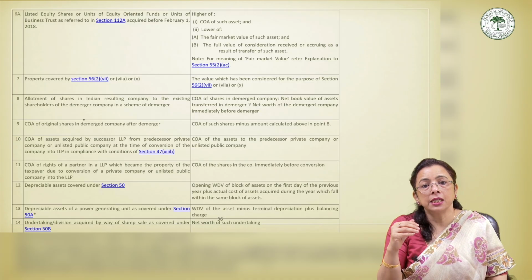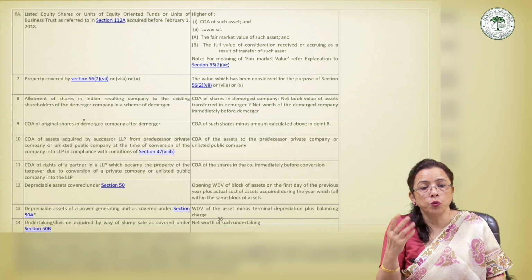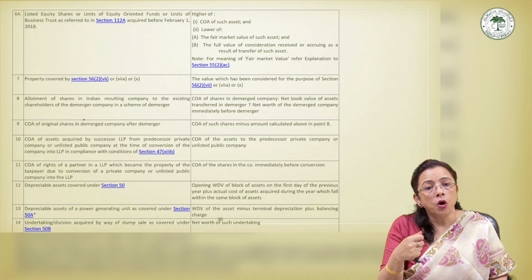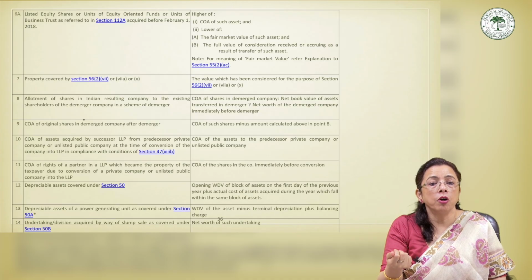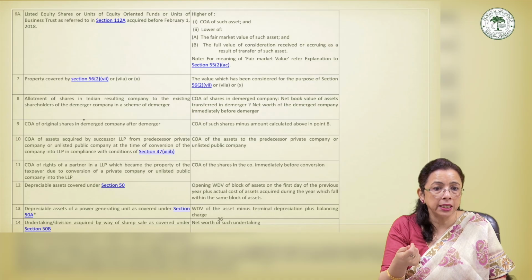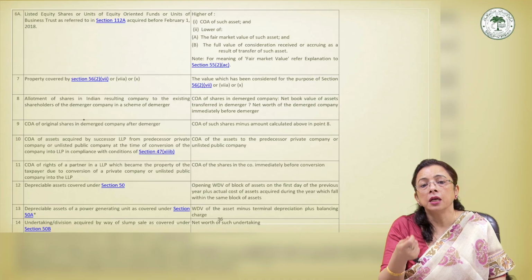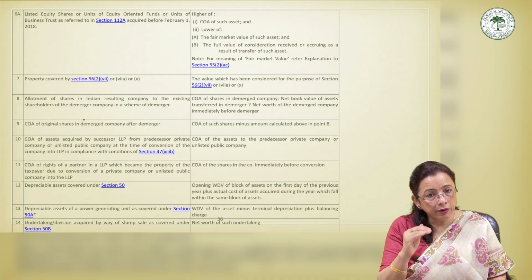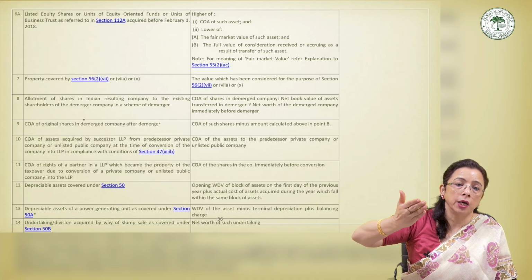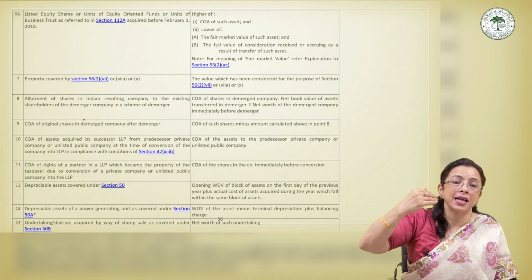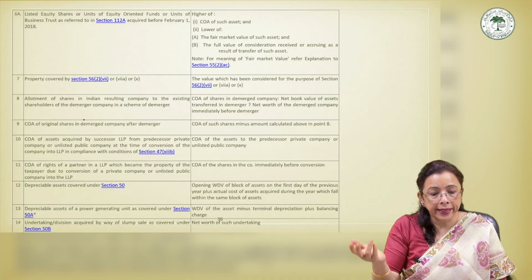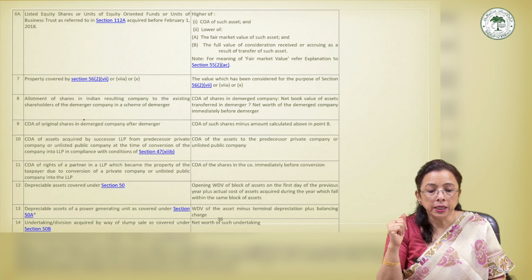The COA will be the higher of any two figures, that is the actual cost of acquisition, or the lower of the FMV as on 31st January 2018 and the sale consideration received on transfer. Whatever is lower will be compared to the actual COA, and whatever is higher out of these two figures will be taken up.